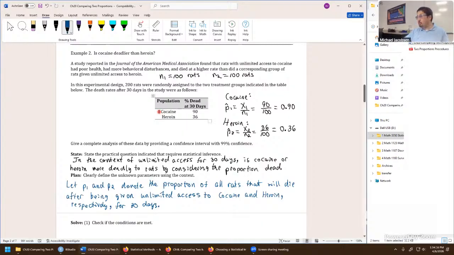So those are our two unknown parameters. When we said the words respectively, we meant that P1 corresponds to cocaine and P2 corresponds to heroin. So we've got our parameters down.